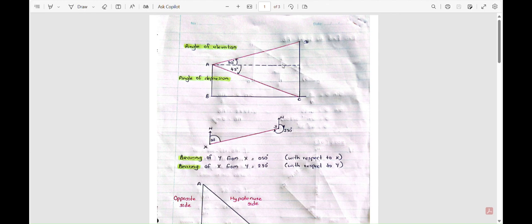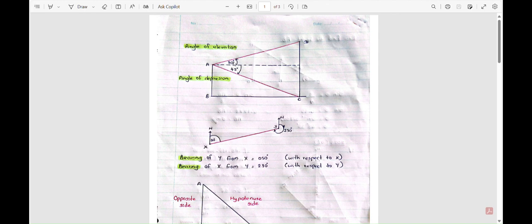If Amal is looking at the point D, he has to look at D from here to here. The magnitude of the rotation of this angle, starting from the eye level up to point D, is called the angle of elevation. So the angle of elevation of Amal when looking at the point D is 30 degrees.